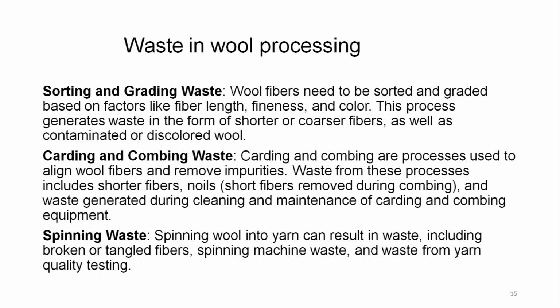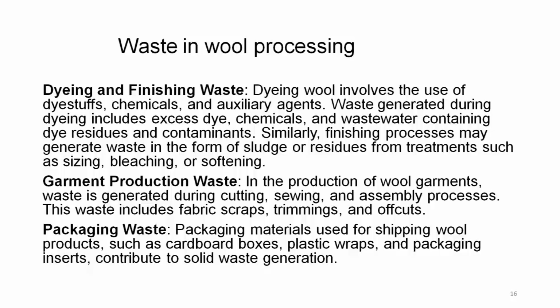If they accumulate, this is a solid waste. Now, this solid waste has to be properly disposed or recycled, or some important ingredient can be extracted, like lanolin could be extracted from the wool and that could be reused.